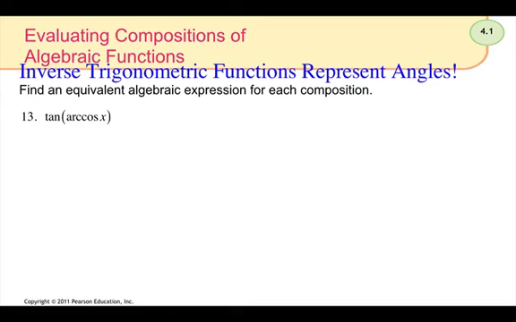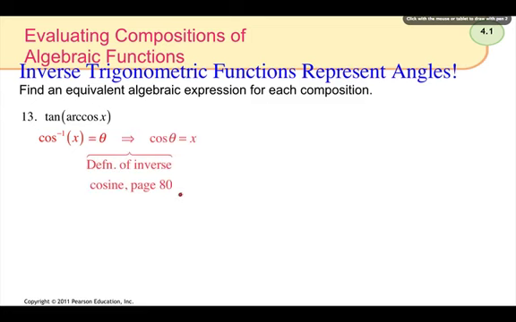So I am going to be looking at cosine inverse of x, and I'm going to let it equal an angle, which is going to be theta. Once I do that, I can rewrite this the following way. If you go to page 80, this was one of the definitions that you saw there. So this is equal to cosine of theta is equal to x.